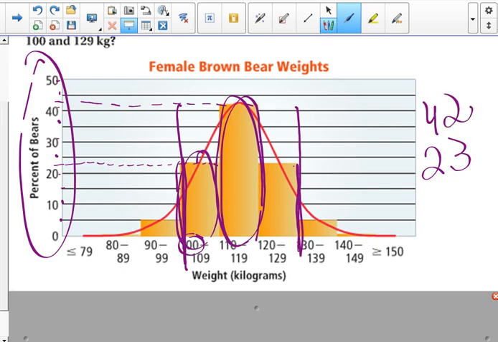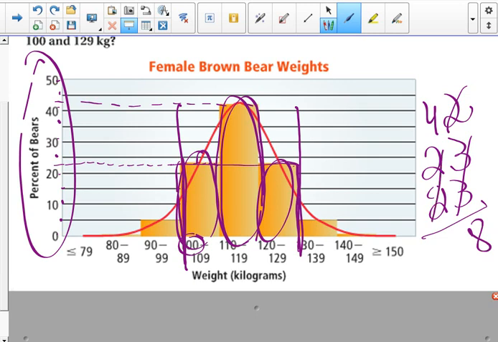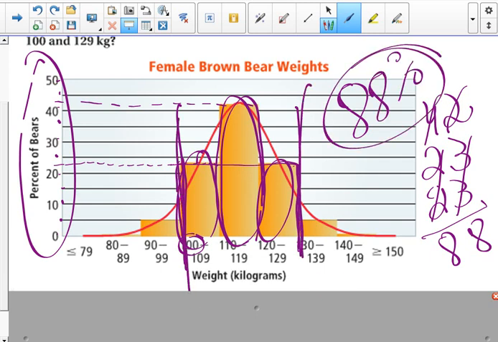And then this third one is the same as the first one. So again, that's going to be about 23%. So now let's just add that up. So you're going to have 6, 8, and then 4 and 4, about 88% of the bears fall within this range. That's all there is to it.